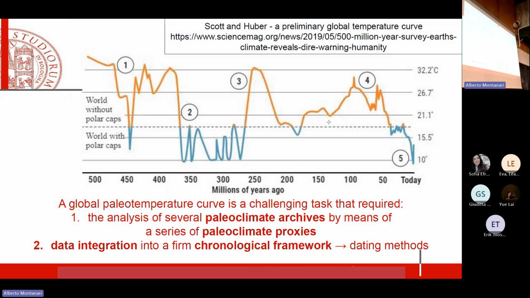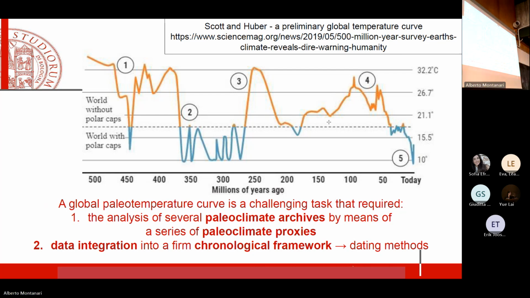So, proxy data is not a direct measurement. It doesn't mean that somebody 500 million years ago went with a thermometer there and took the measurement of temperature. It means that we measure something different, and then we need to create an association, a link between that something different and the temperature, okay?